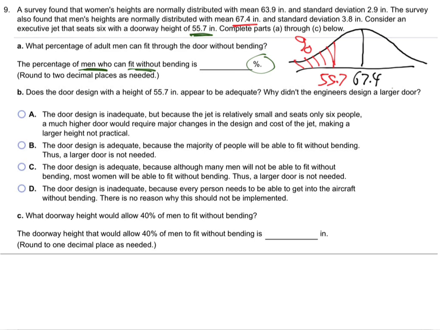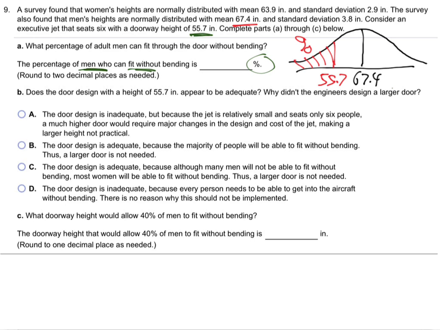I think that's the main battle in these, reading the words enough to get if they're saying bigger, smaller, left, right, that kind of stuff. So they want to know what percentage of men are 55.7 inches or shorter. They can fit through the door without bending. That's what they want to know.